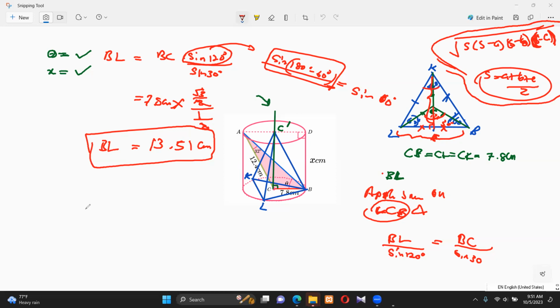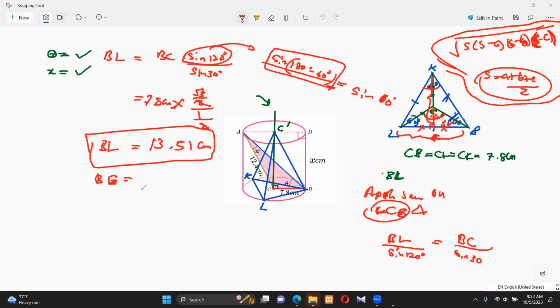So what we can do is find KE. How do we find KE? There are a couple of methods; I'll do it at once. E is the midpoint of LB because KE is the perpendicular bisector of BL.